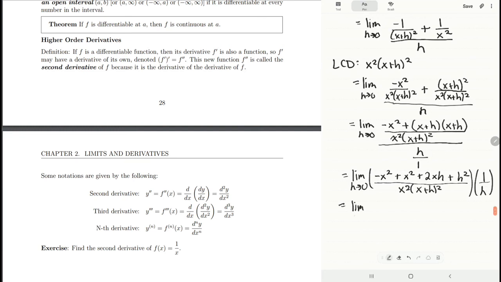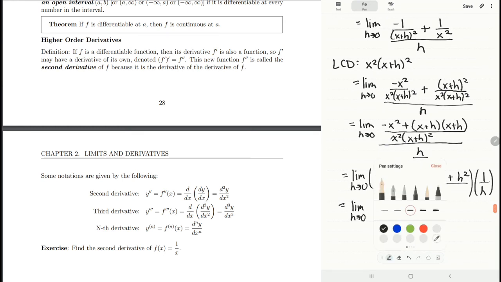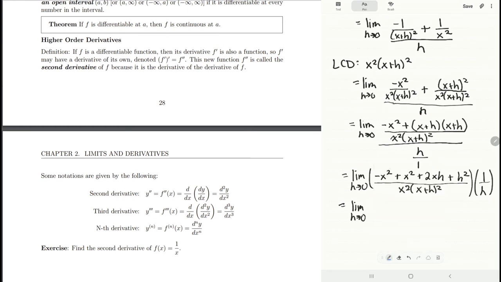So we have the limit as h goes to 0. Now let's simplify. We have negative x squared and positive x squared. And we are left with 2xh plus h squared all over x squared times (x plus h) squared times h.